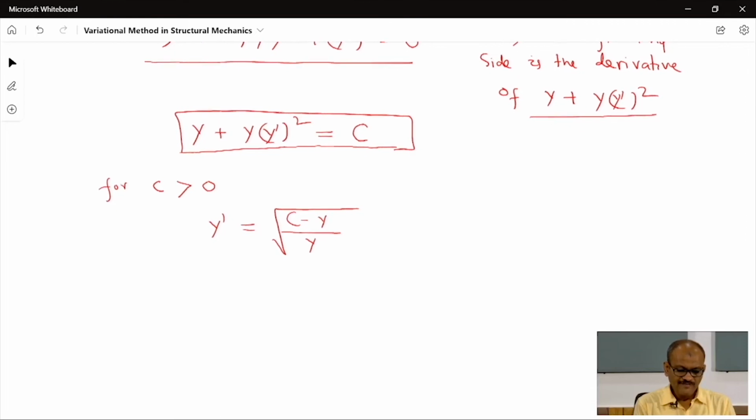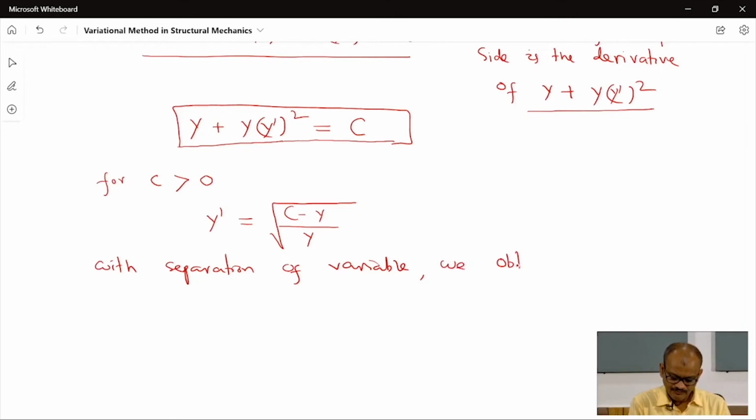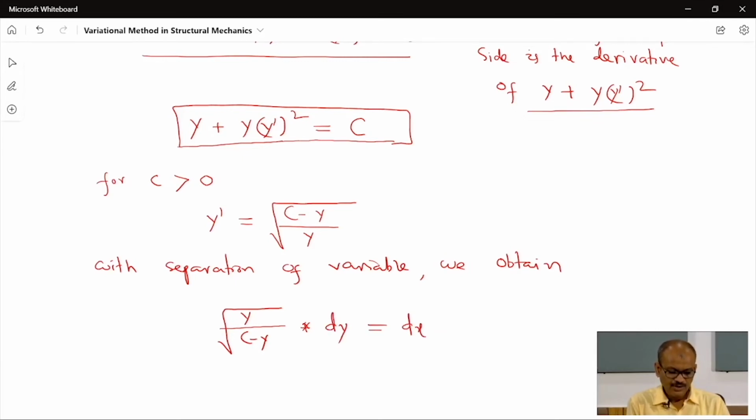With separation of variables, we obtain root over of y divided by (c minus y) into dy is equal to dx, which can be integrated.